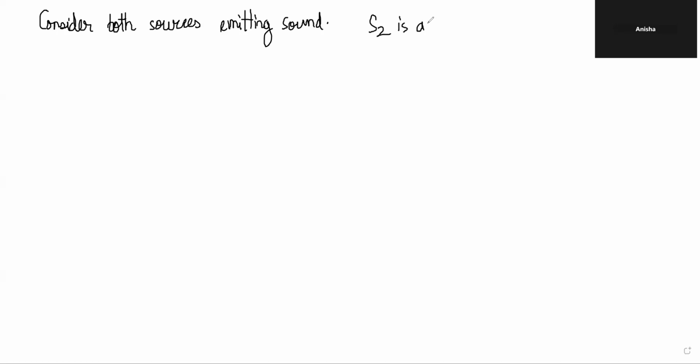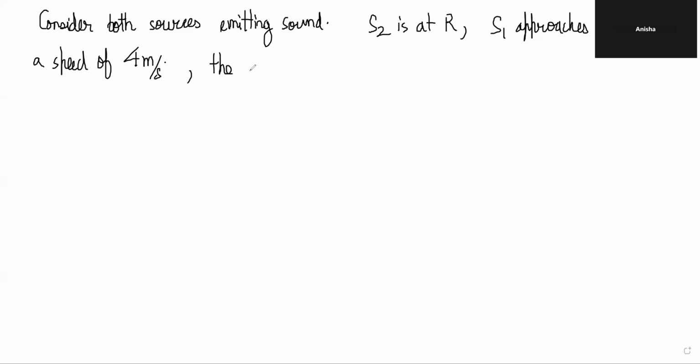S2 is at R and S1 approaches the detector with a speed of 4 meter per second. The beat frequency measured by the detector is equal to what? Obviously, both the sources are identical sources.